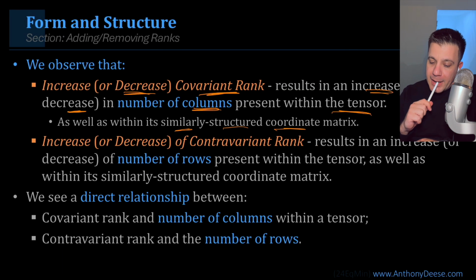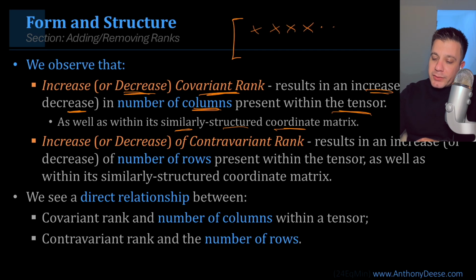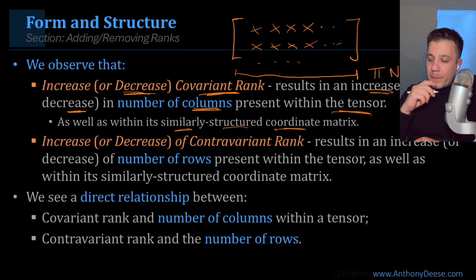And again, we already said that if we were to get rid of all the separators, then the width of the tensor would be equal to the product of the lengths of all of the covariant ranks.